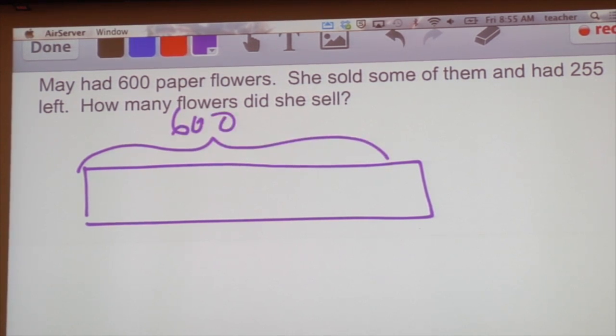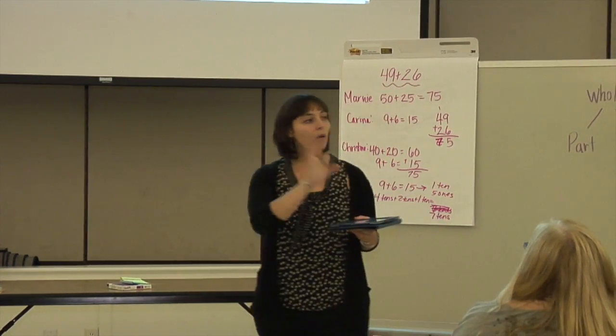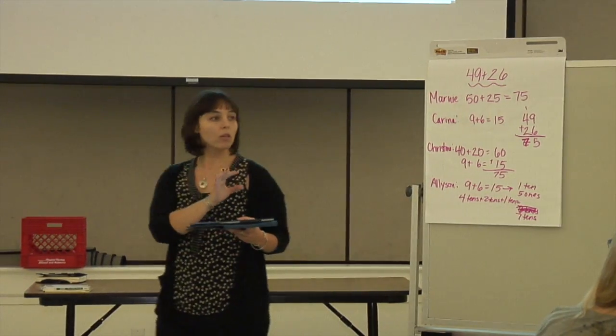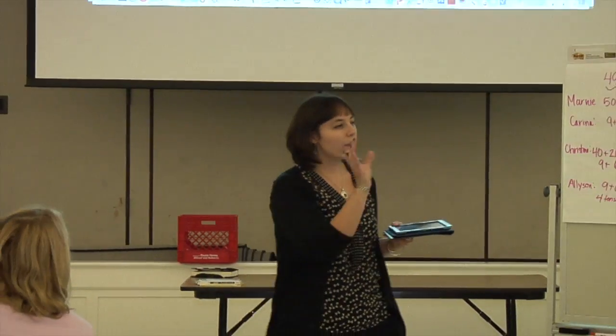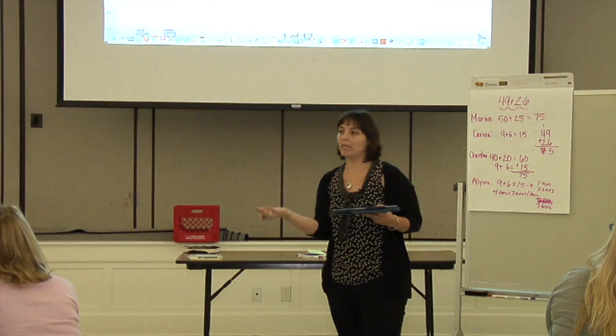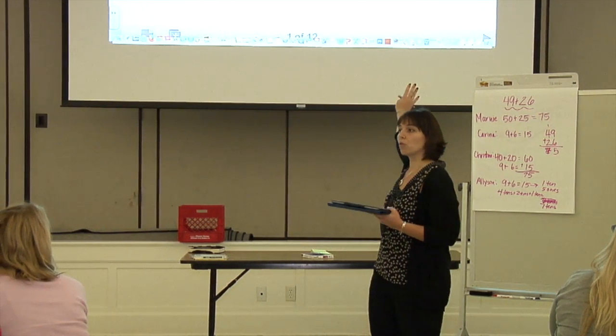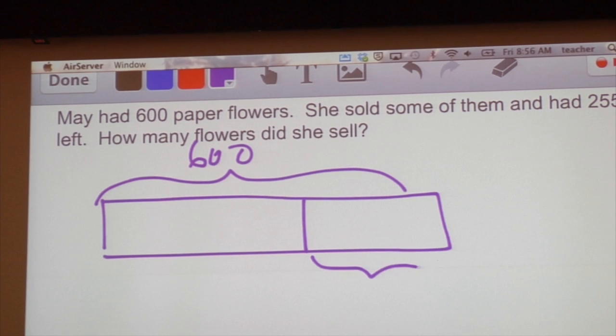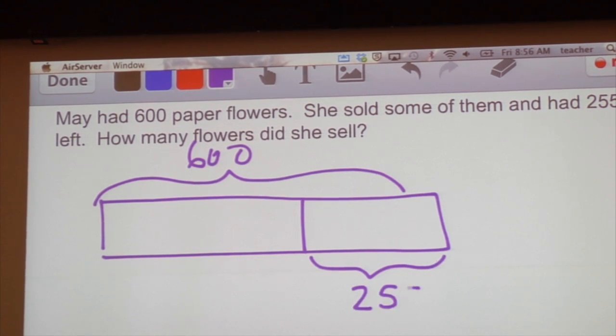Now, it tells me she sold some and she had some. So how many parts am I going to break this bar into? Great. And are they the same size? No. So I want to try to be within reason, estimate about how much, I want those bars to make sense in terms of the distribution. So she sold some, we don't know how many, and she had 250 left.